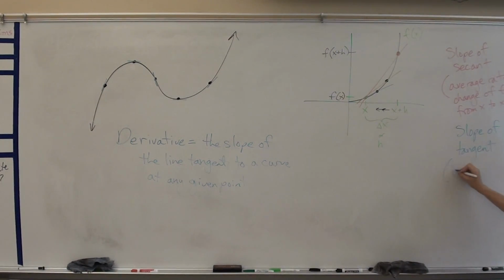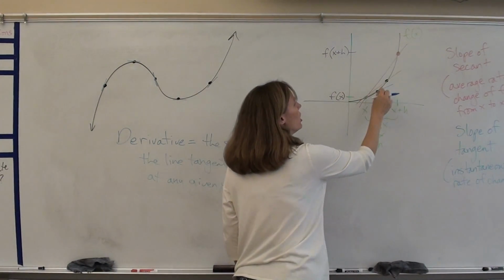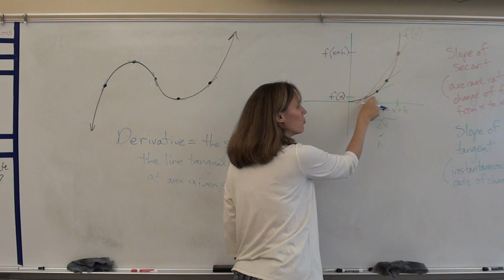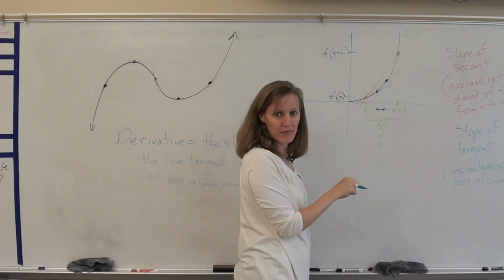So suppose I wanted the exact slope of the tangent, or in other words, the instantaneous rate of change. Well, if I want the actual slope at that point, what I'd want to do is take this point and move it so it's right all the way on top of that one.